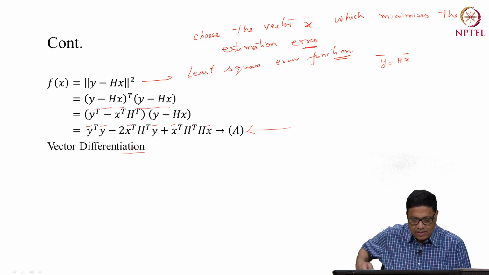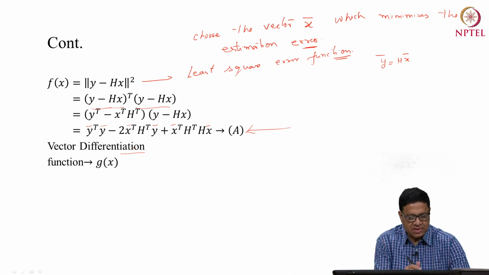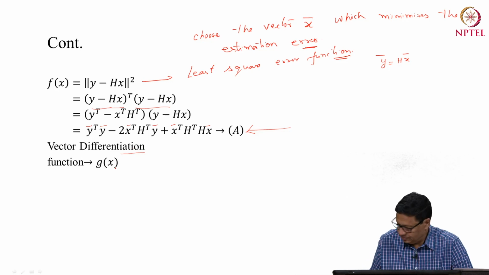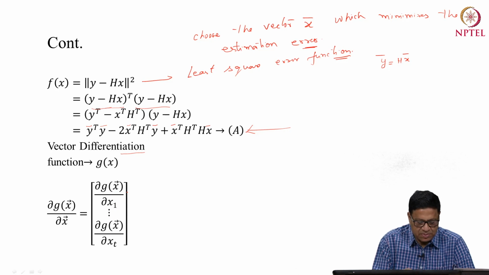Vector differentiation: suppose there is a function g(x). Then the differentiation of g(x) with respect to the x vector is given by the partial derivatives of g(x) with respect to the components of the x vector, which are x1, x2, and so on up to xt.